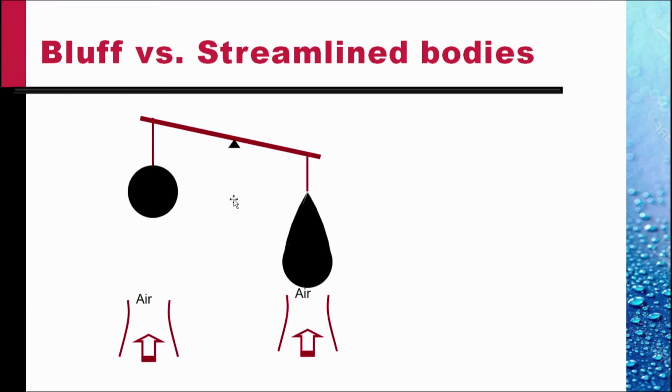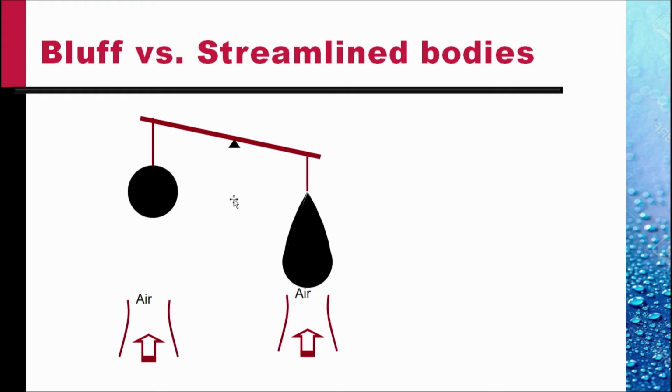In this first experiment, we have shown a sphere and a tear-shaped body, which we call also a bomb-shaped body, that is a streamlined body, exposed to a stream of air at the same velocity, and these are attached to a beam at equal distance from the fulcrum.